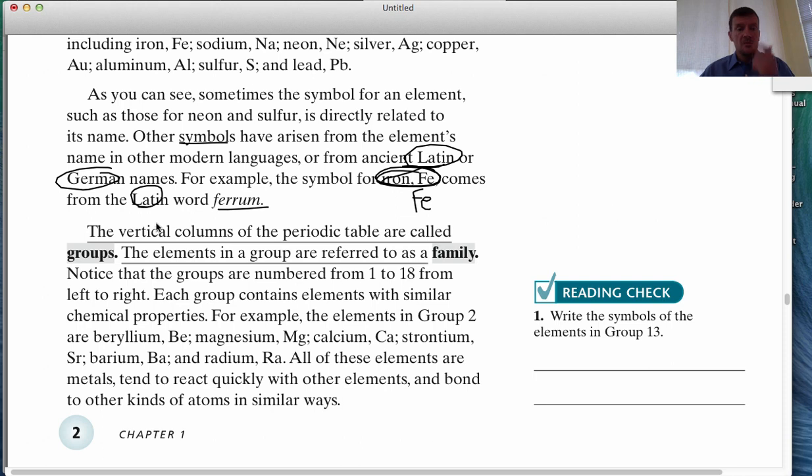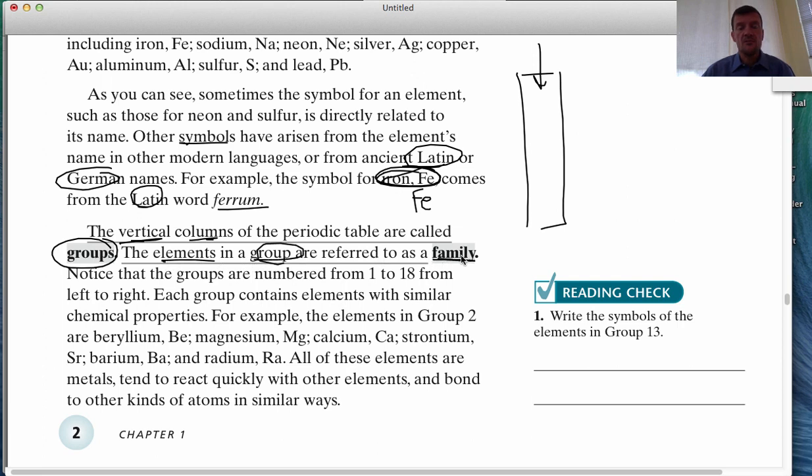On the periodic table, we talk about columns and rows. The vertical columns are called groups, and they're grouped that way because they have very similar properties. Anything in the same column or group has similar properties. The elements in a group are also referred to as a family. So everybody in the family looks the same, maybe behaves similarly, and it's the same with elements.